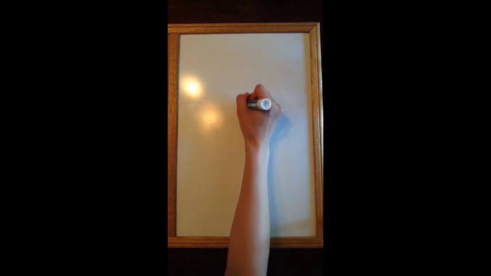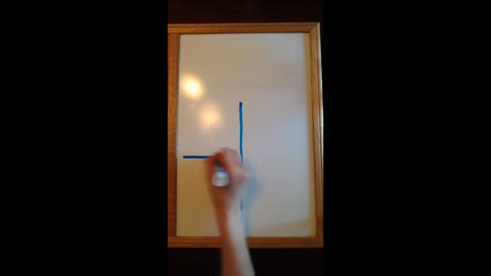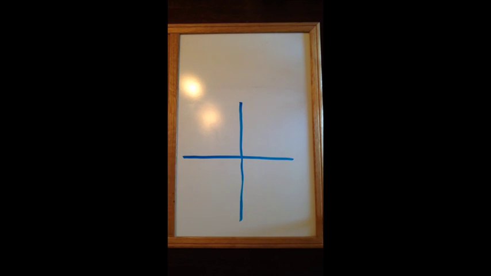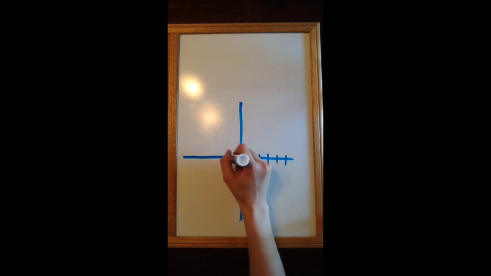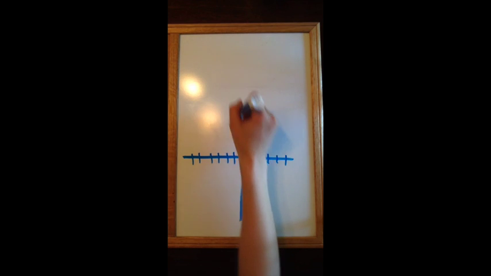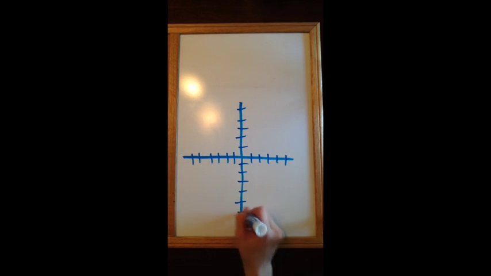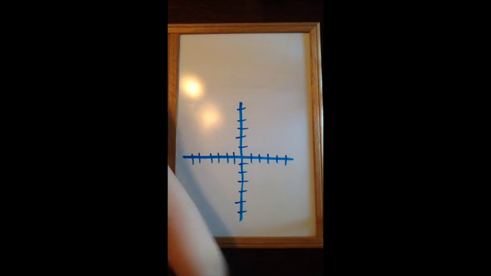Now, if we have a graph, I'll try to be mostly precise here. If you have a graph, you also switch x and y to find your inverse graph.